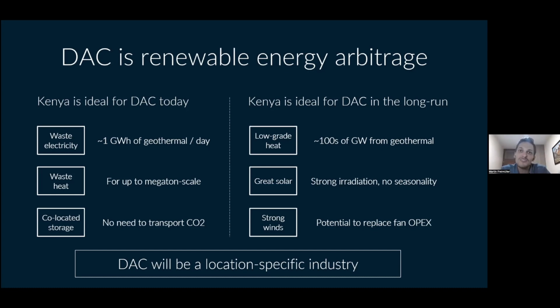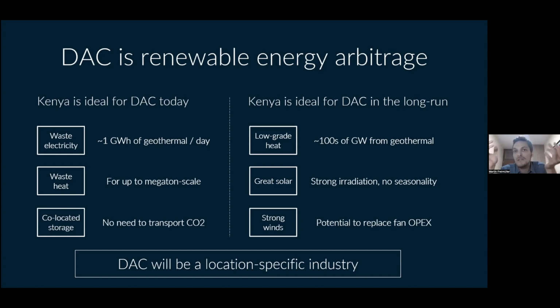So that might actually just mean that DAC as a type of clean industry will fall more towards critical mineral mining, right? You can get copper from a lot of places, but frankly, only a few of them are cost-effective. And that is such an important point that we really want to drive home here. Kenya is not only ideal for DAC today, Kenya is ideal for DAC tomorrow and in the long run.